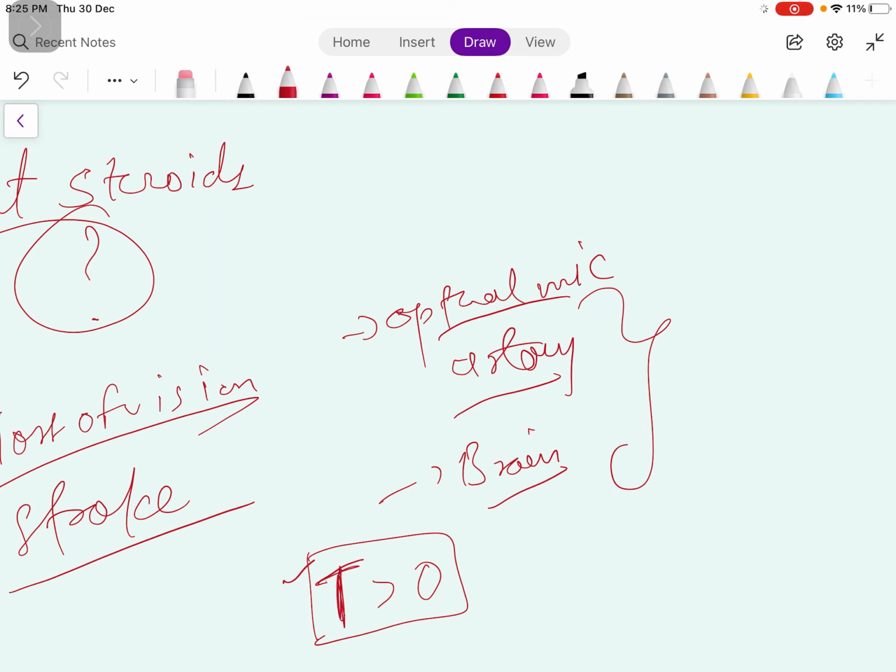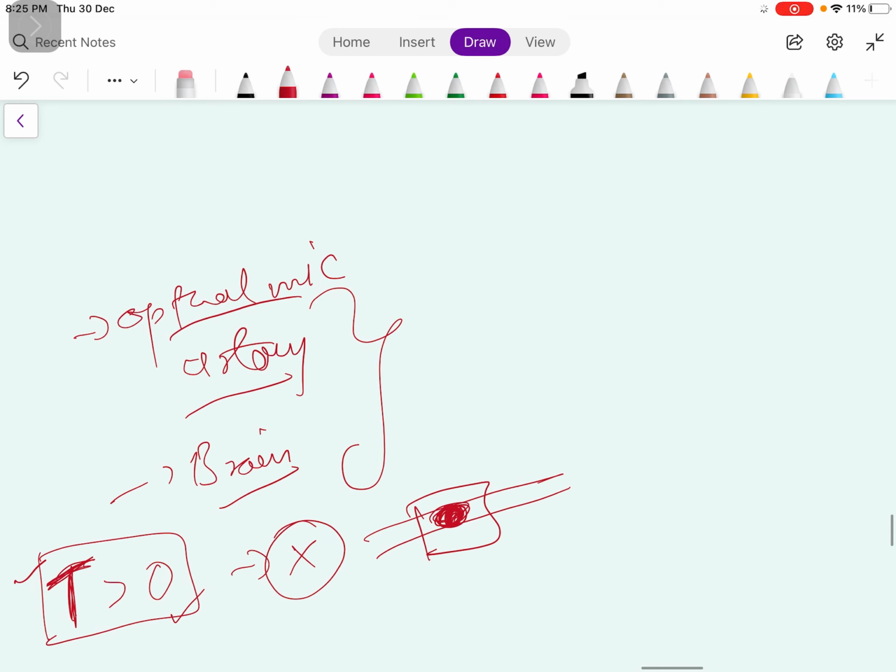So when the inflammation is going on in the temporal arteries, there can be side-by-side inflammation occurring in the ophthalmic artery also. And if you don't treat this patient in time, if you don't stop the inflammation, then the ophthalmic artery will have a thrombosis, it will be blocked, and there will be no blood supply to the eye.